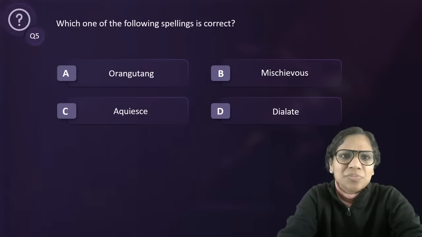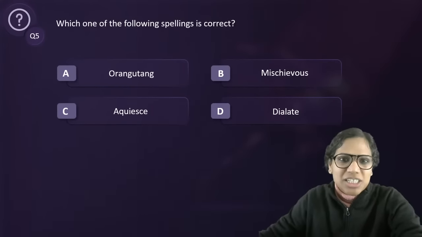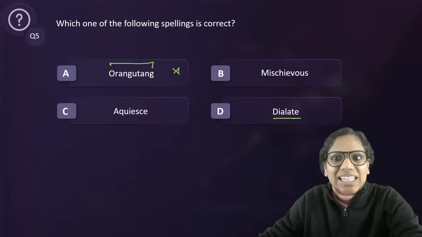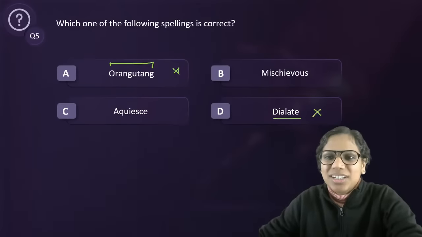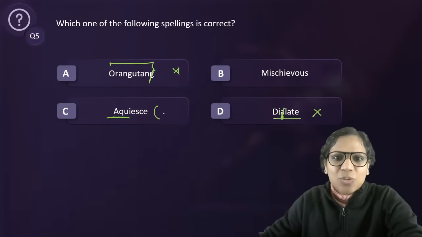See, I think we know that there's nothing called orangutan. Orangutan. That's the name of the primate that we have heard of, right? So this is wrong. Dilation. Dilate. So the A is not required. The G is not required. Is it related to water? To acquiesce.